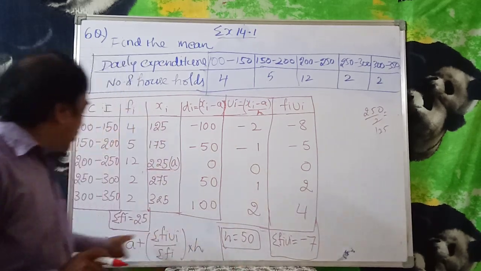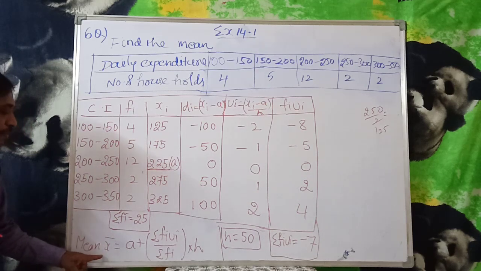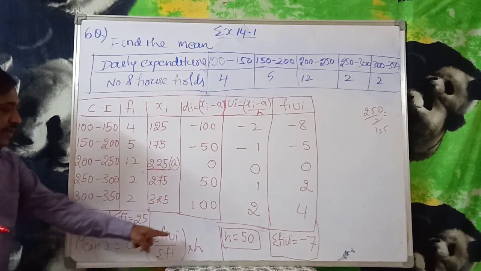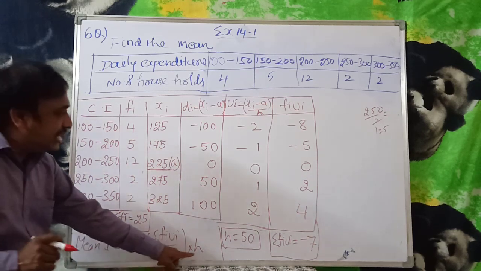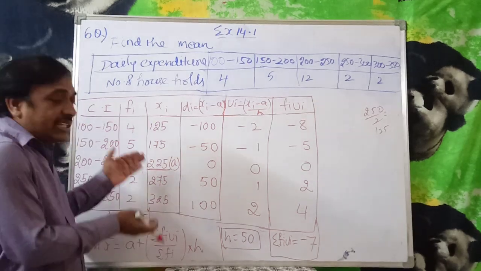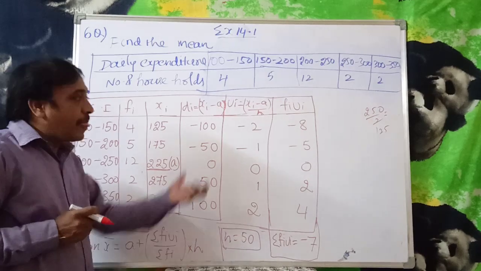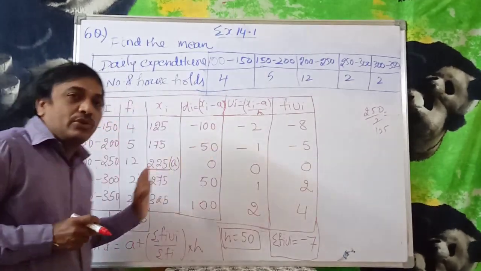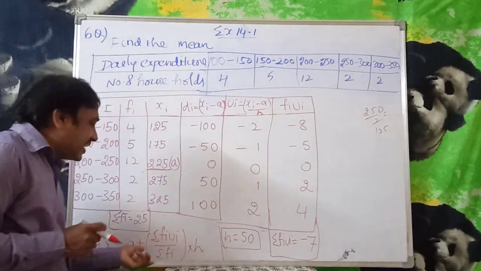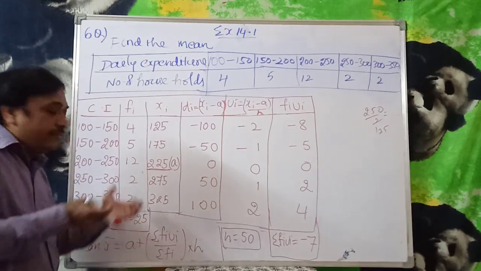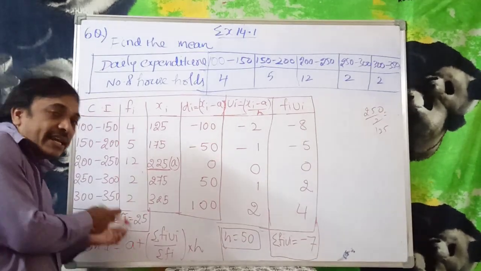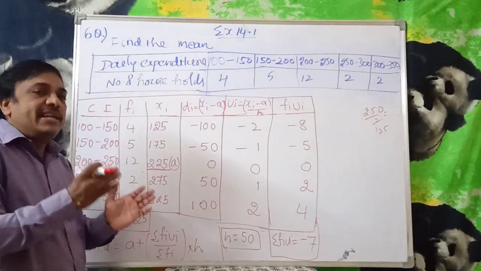Now the formula we wrote: x bar is equal to a plus sigma Fi ui by sigma Fi, into h. For the space on the board, to explain directly with the formula, I have written it below so that you can remember the formula very easily.